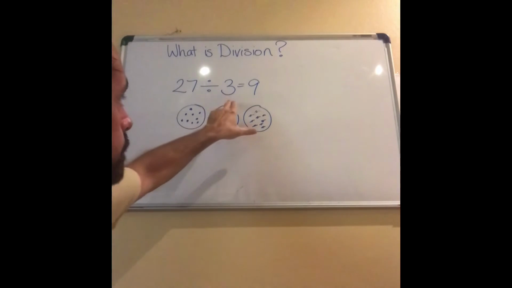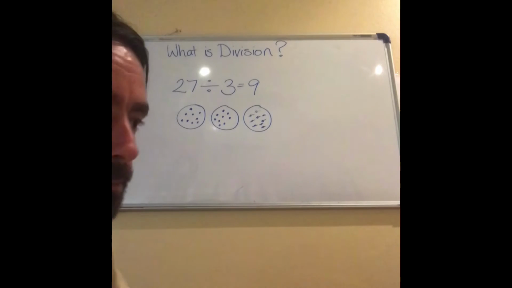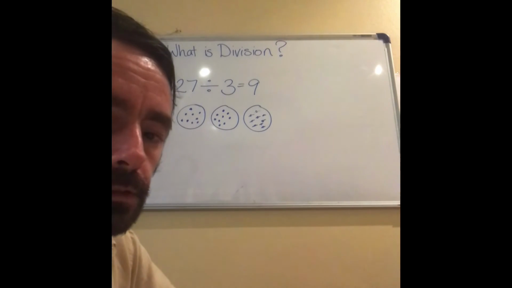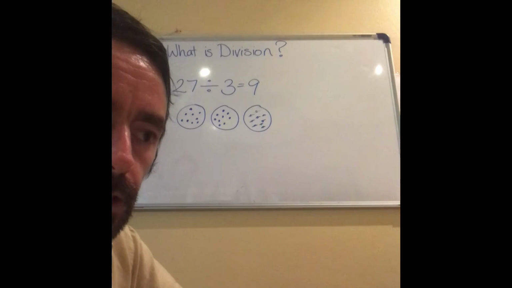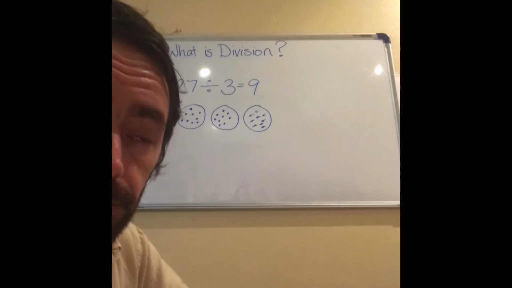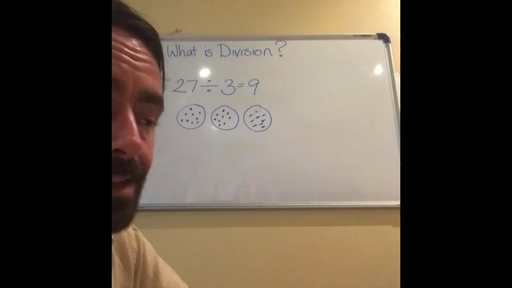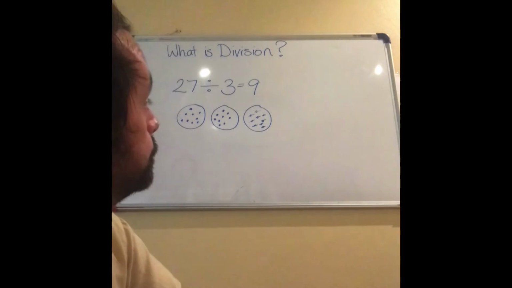And if we just have a look at that division problem, and if you just have a look at these groupings, you'll start to see clues to suggest a multiplication problem.